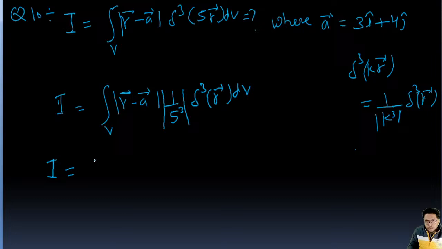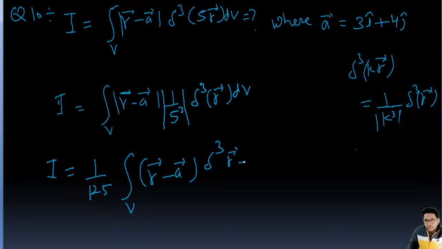So this is going to be I equal to 125 volume integration of vector r minus a into del cube r vector, right? Or for r vector we can write del cube r vector minus 0 dv, right? Adding or subtracting 0 doesn't make any change, right? This r cube I'll write in the next step, this will be easier.